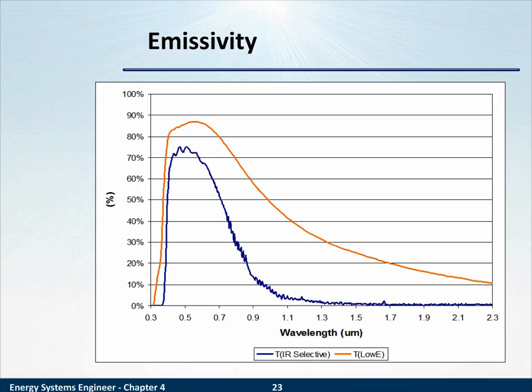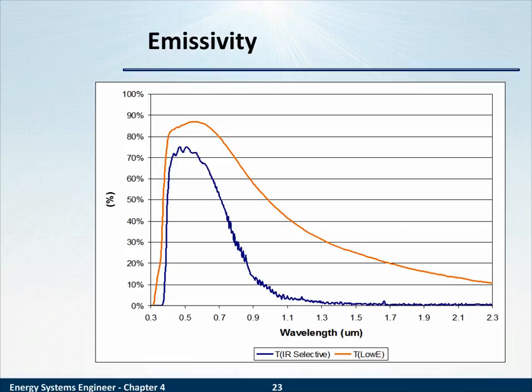The next topic is the topic of emissivity. We looked at a low E window construction, and we referred to it a little bit, and we defined it in the beginning. But emissivity is the ability of a body to re-radiate heat. And what we show on this graph is the difference in low E and a typical IR selective window or film.